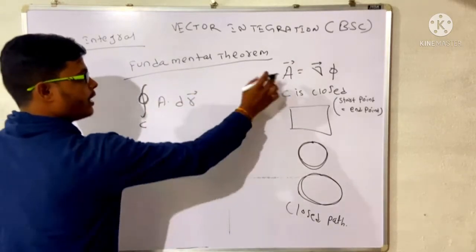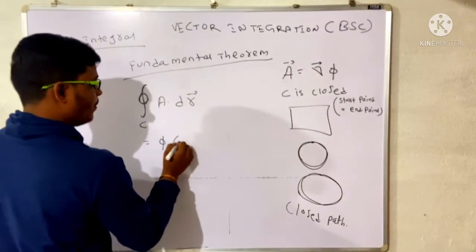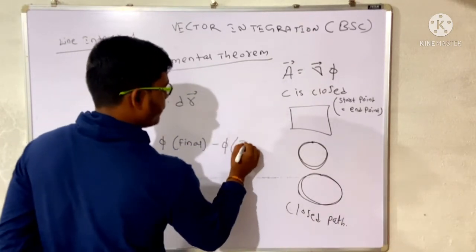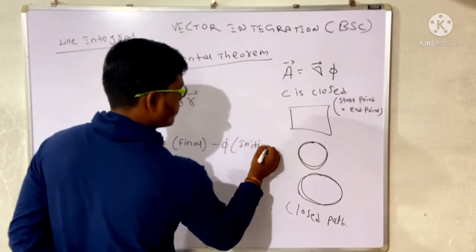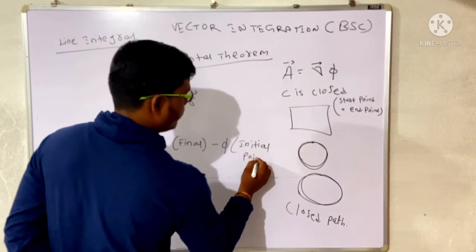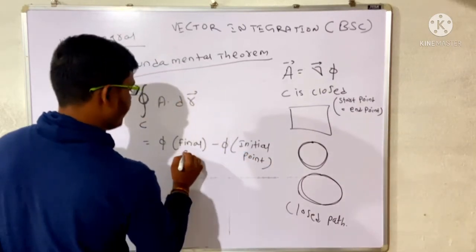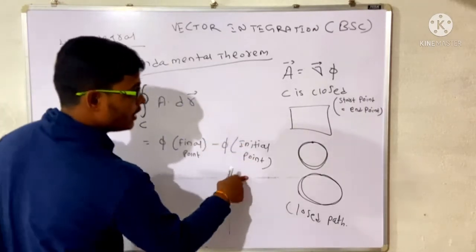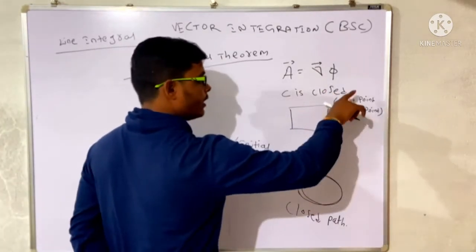If A is the gradient, the integral will be phi of the final point minus phi of the initial point. So your final point is your initial point, your start point is your end point.